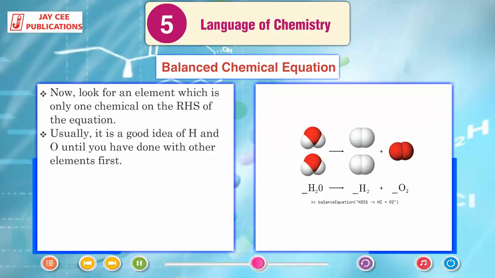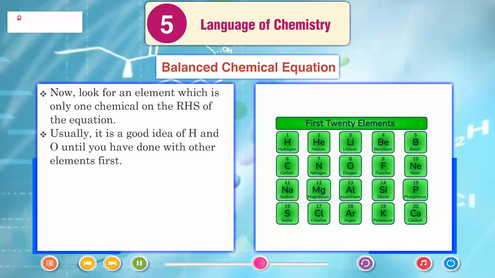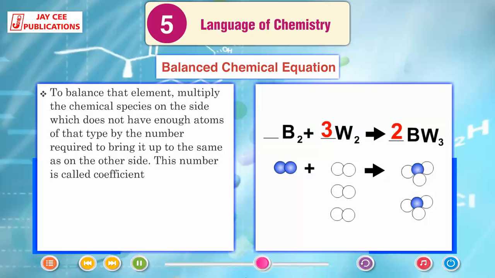Now look for an element which is in only one chemical on the RHS of the equation. Usually it is a good idea to leave H and O until you have done with the other elements first. To balance that element, multiply the chemical species on the side which does not have enough atoms of that type by the number required to bring it up to the same as on the other side.